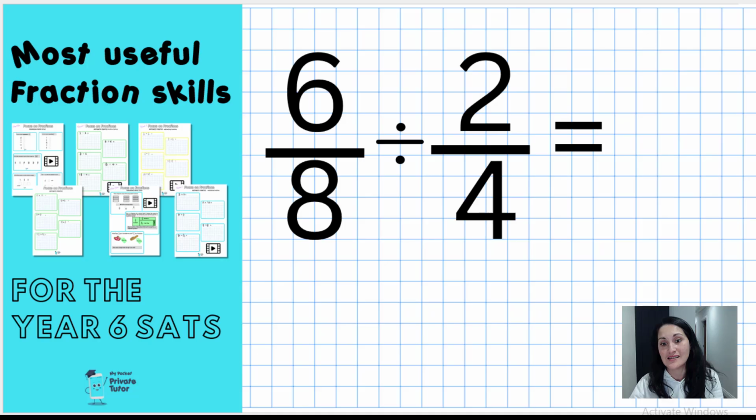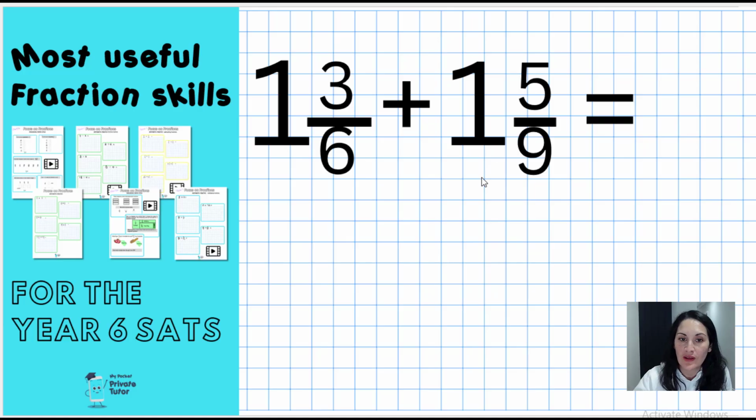However, there is a step beforehand, and it's really common that that step gets forgotten and that children just divide the top, so 6 divided by 2 and 8 divided by 4, especially if the fractions are like this and it's easy to divide the top and easy to divide the bottom. So this is a super common misconception. Please watch part 2 of the video series where I explain exactly how you should be solving this question, because this is actually the wrong answer.